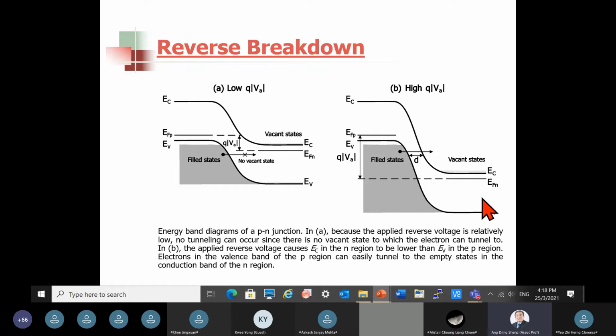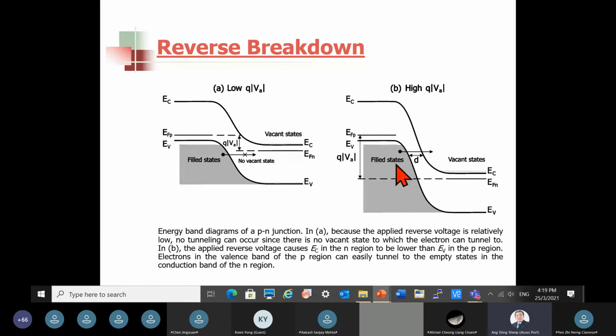As a result of the negative applied voltage, the energy band diagram on the P side is raised relative to the energy band diagram on the N side. Remember, the energy band diagram can be interpreted as an inverted potential diagram, which I mentioned before. Now, if the reverse bias is high enough, it is possible to raise the valence band edge of the P side above the conduction band edge on the N side.